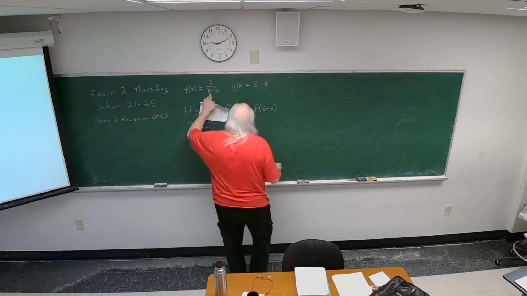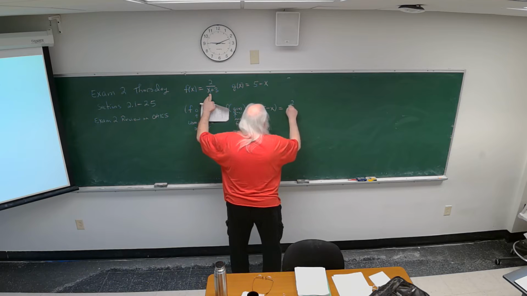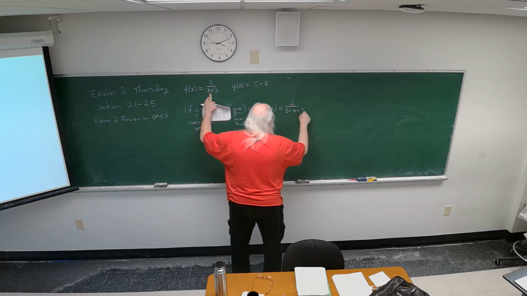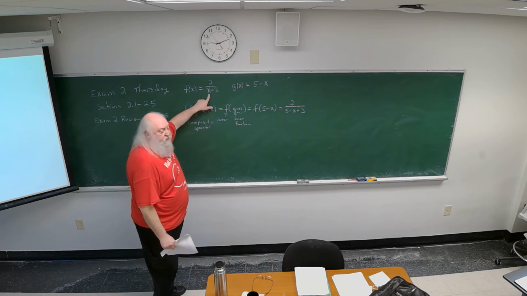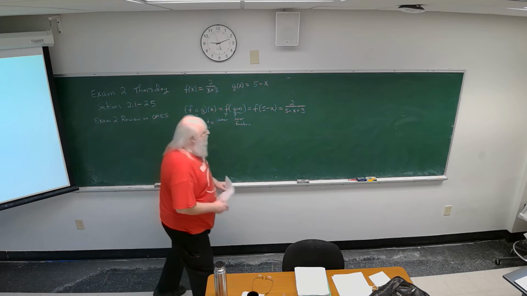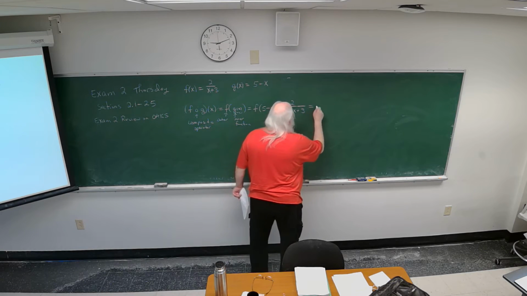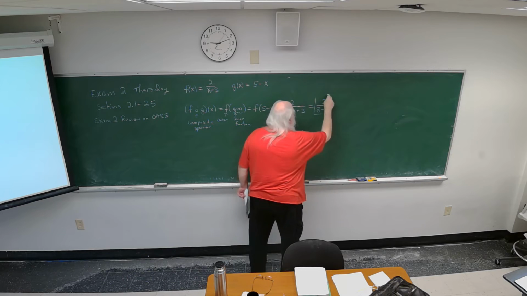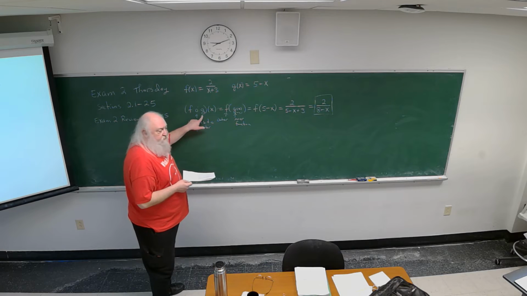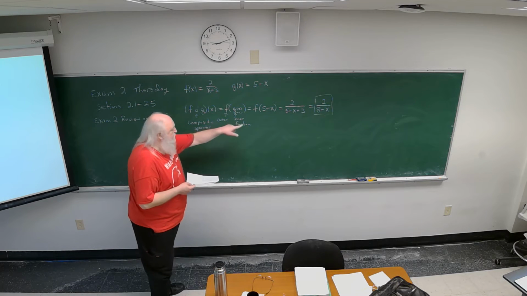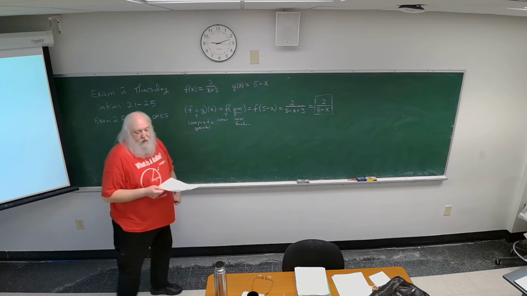So when we do that, we have 2 over 5 minus x plus 3. Replace the x here with 5 minus x. And now you simplify the denominator, and you end up with 2 over 8 minus x. So the composite of the function f with the function g as a function of x is equal to 2 over 8 minus x.